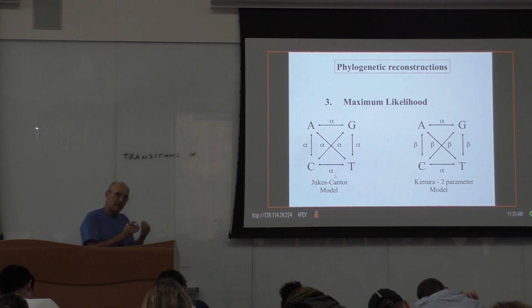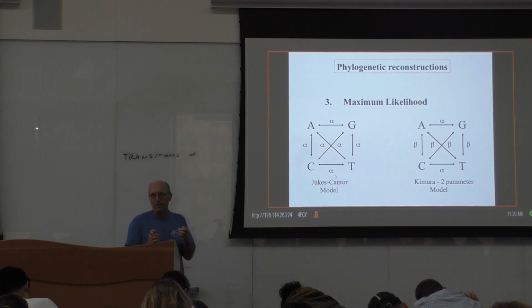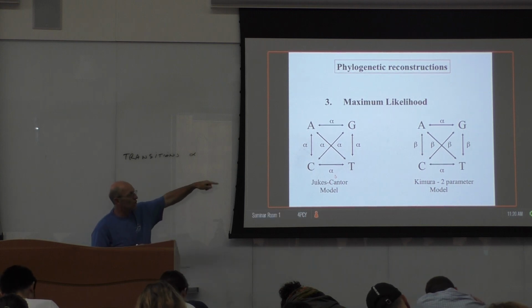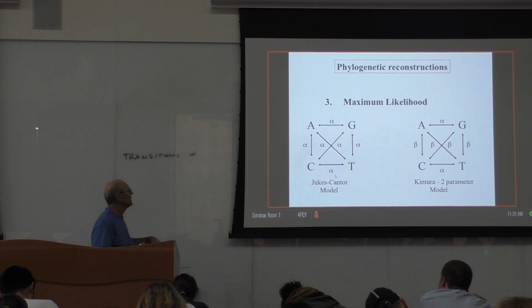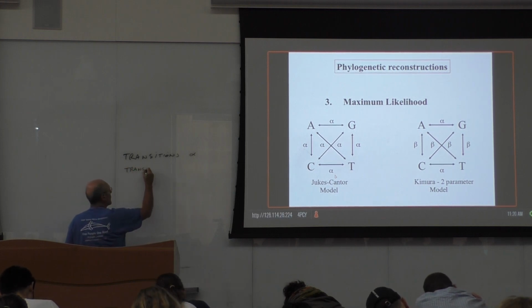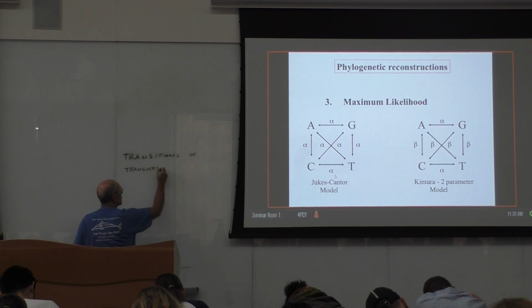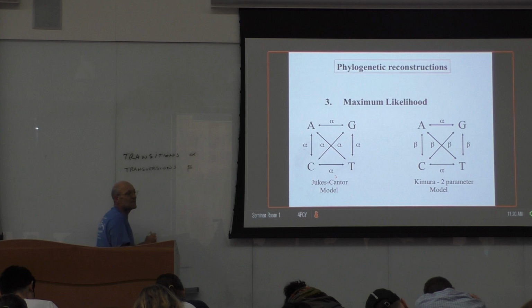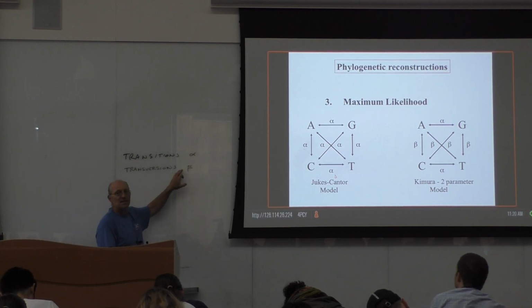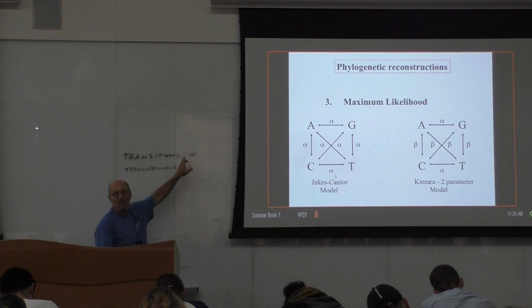If you are changing from a purine into a pyrimidine, or the reverse, which are the crosses or the ones that are vertical, then it's called a transversion. Transversions. The frequency is different. In general, this frequency is 10 times less than this one.